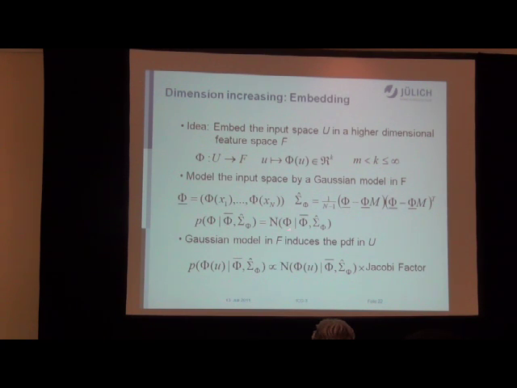And then we can pull back this probability density function into the input space and get a general non-Gaussian distribution.